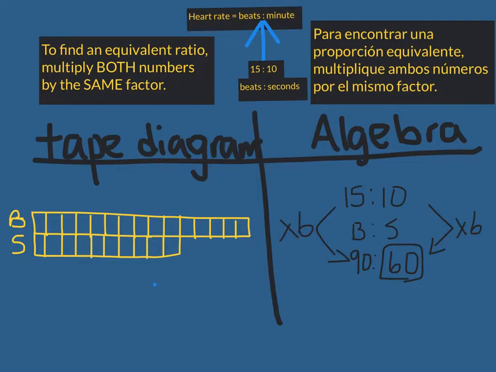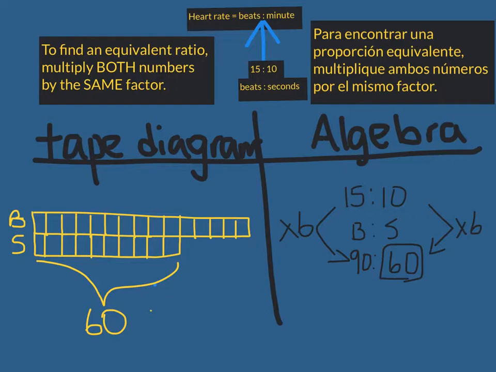So how do we do that over here on the tape diagram? Well, what we have is 15 sets and 10 sets in the boxes, and we want the 10 sets to be equivalent to 60, because 60 seconds are in a minute.